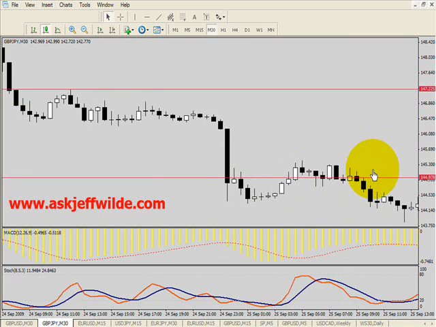Now, one thing I do want to point out is that some of you might have said, okay, the market has come up above this level, and you're saying, well, maybe it's finding support. Well, you need to look for clues that it's found support.